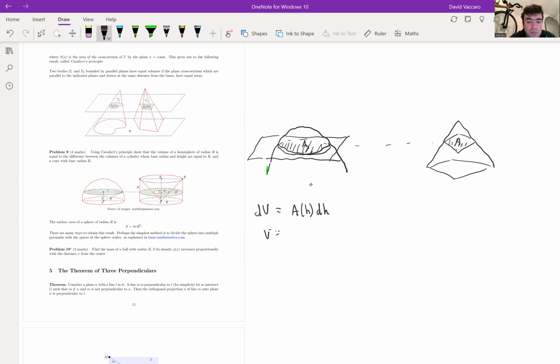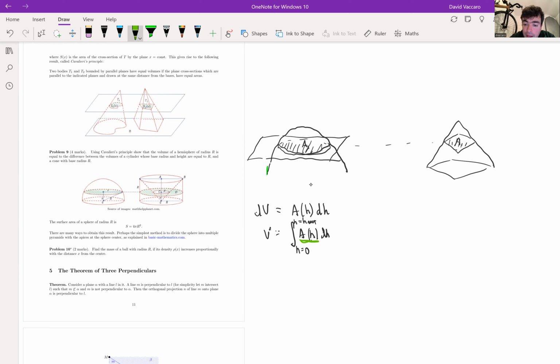So the volume is just the integral of the area at height h between, say, h equals 0 and h equals h max, so the top of the shape. But obviously, the value of the integrand is determined entirely by the area function. So if two shapes have got the same area at each height, they have the same total volume.